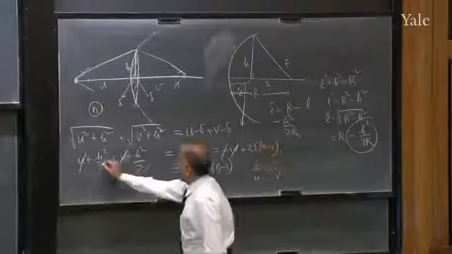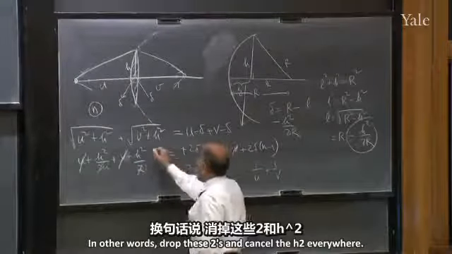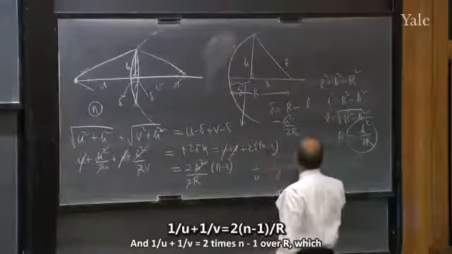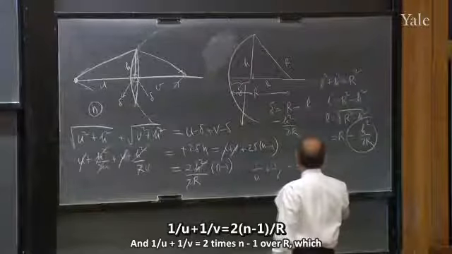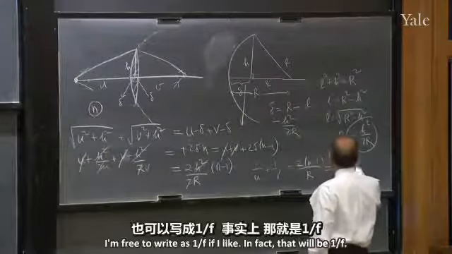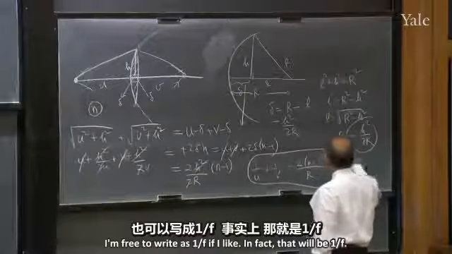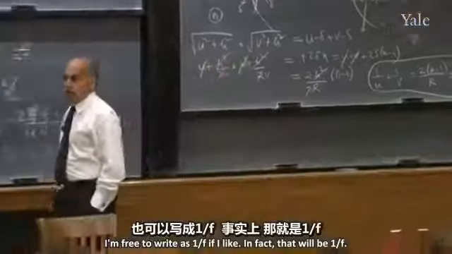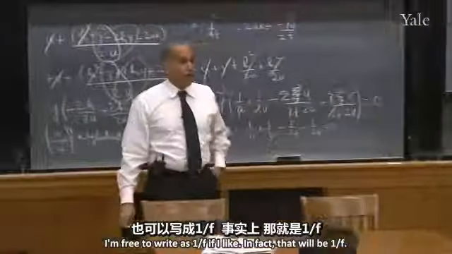In other words, drop these and cancel the h squared everywhere. 1 over u plus 1 over v is equal to (n minus 1) times 2 over r, which I'm free to write as 1 over f if I like. In fact, that will be 1 over f.